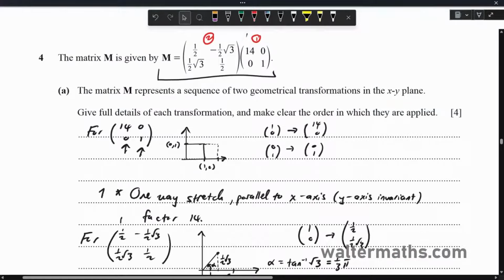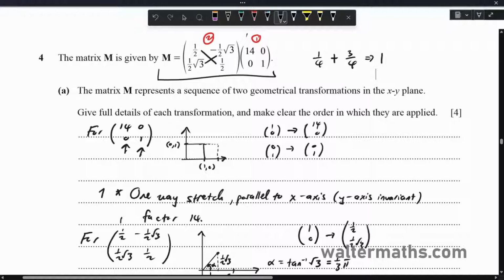The determinant of the first matrix is essentially, a half times a half, that's a quarter, minus the product of these two, which will become a plus. That's a quarter, so that's actually 3/4. So it's essentially 1, that's the determinant.